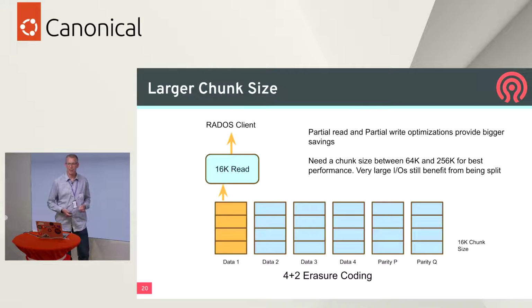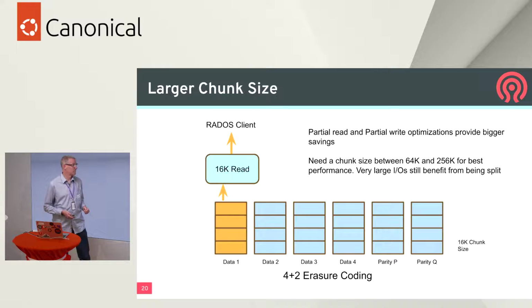It spreads load out. So 256K is probably a reasonable place. 10 meg probably wouldn't be a good choice for a default chunk size, so there's a limit to how big we can get. But at 256K, most short random IOs are going to only involve one OSD being updated.